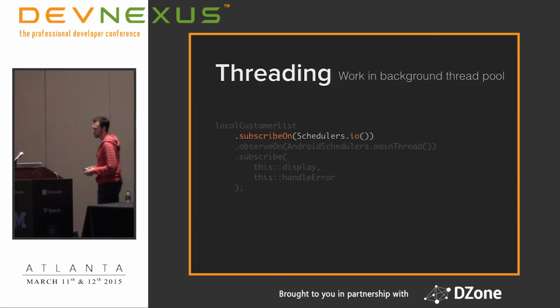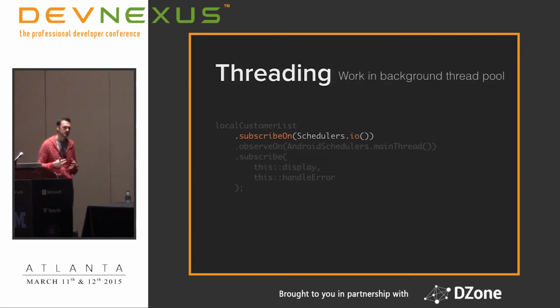If you use this method subscribe on, now this is kind of confusing because it seems backwards, but just stick with me. Subscribe on will say everything above this in the chain, run it on this thread or this scheduler.